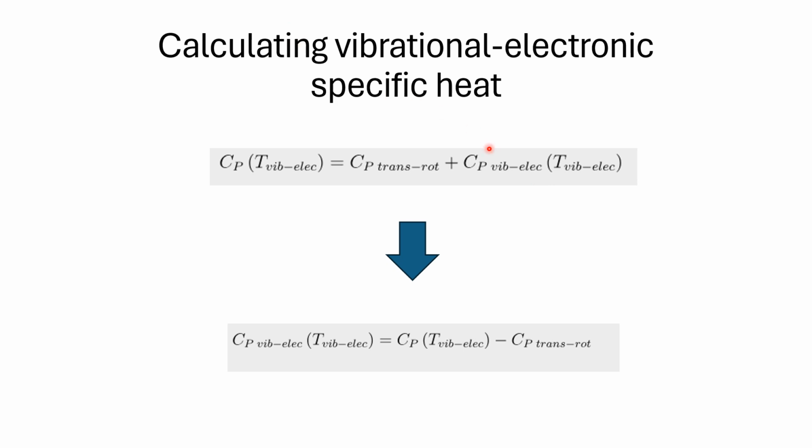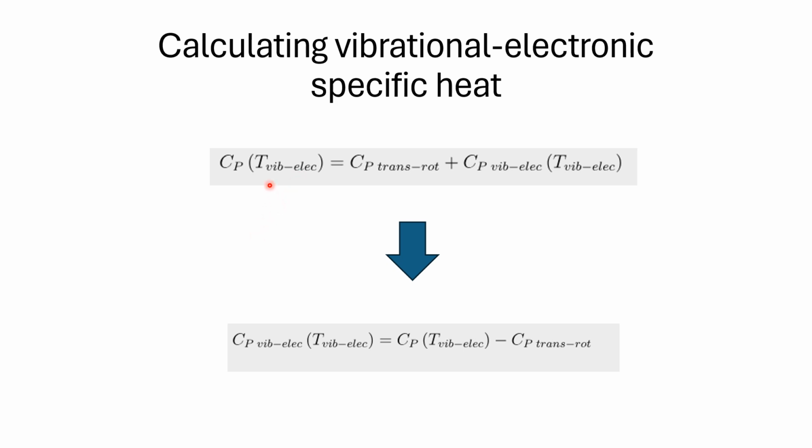From these three terms, we know two terms. Which two? The first one is clear: we know the Cp translational rotational. We already derived it right now as 5 by 2 R and 7 by 2 R, right? It is a constant, this term. Now, what is a variable? This Cp at T vibrational electronic, how will we get this? This is from the polynomial equation, the empirical equation of NASA.